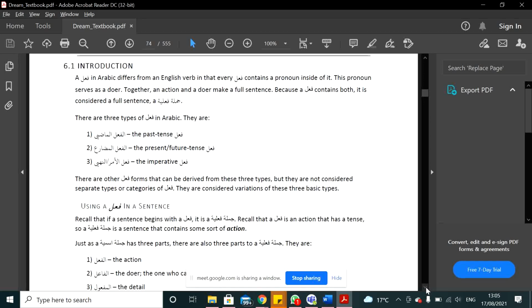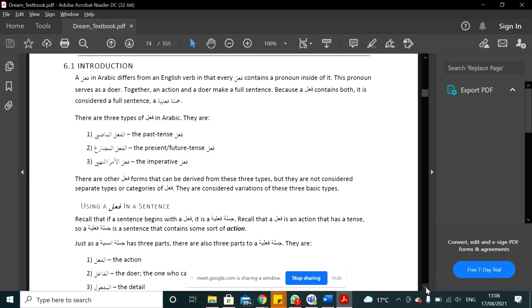They are al-fi'l al-madi, the past tense fi'l, al-fi'l al-mudari, the present or future tense fi'l, and the fi'l al-amr and al-nahi, the imperative fi'l. There are other fi'l forms that can be derived from these three types, but they are not considered separate types or categories of fi'l.